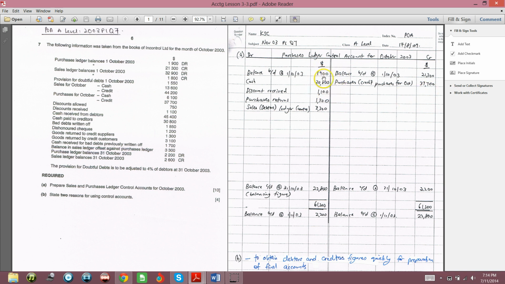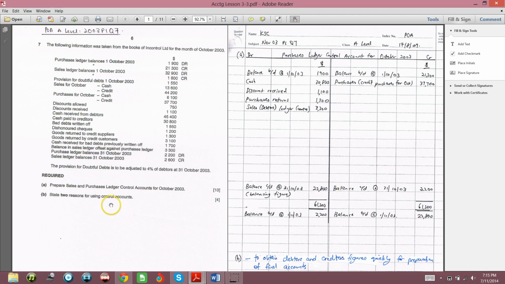These are the negative of this, so we put them here. We paid them so much, we get discount so much, we return so much, and this is contra. At the end of the day, this one minus all this will be what we still owe them. So this is what it means.